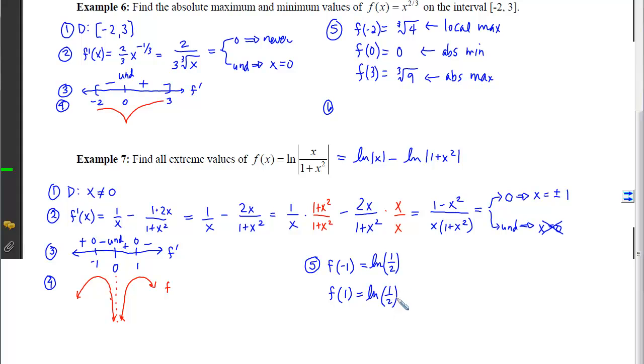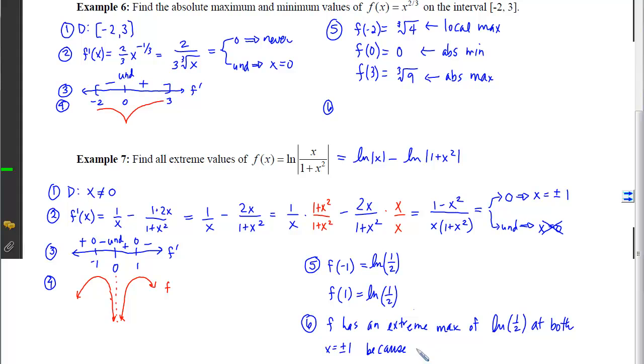So notice that these are both going to be extreme maxima. They'll be global maxes. And we'll say f has an extreme max of ln of 1/2 at both x equals plus or minus 1, because we don't have a closed interval, we can't just say they were the biggest numbers that came out.